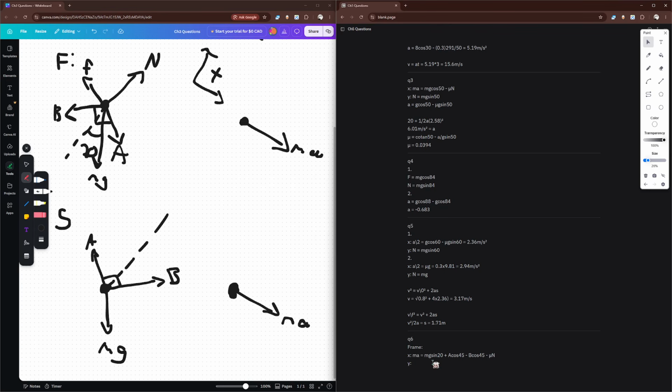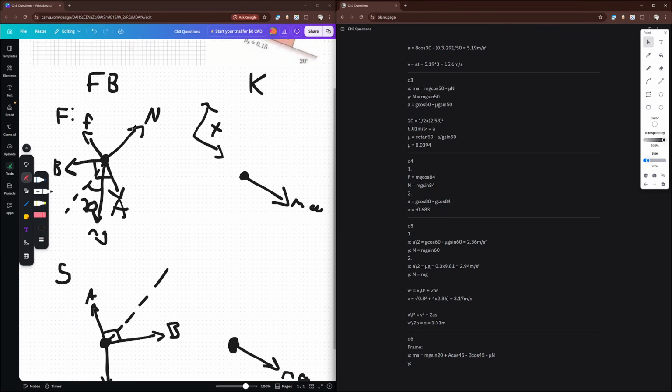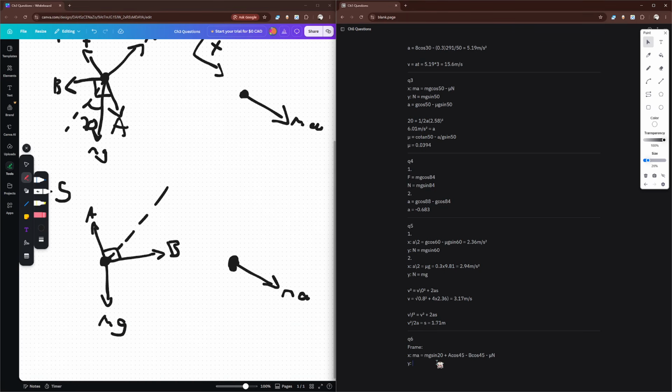So, what are we solving for? The tension in each of the wires, so we want A and B. We have 0 is equal to N, in the positive direction, minus mg cosine 20, and then minus cosine 45 times A plus B, because they're at the same angle.